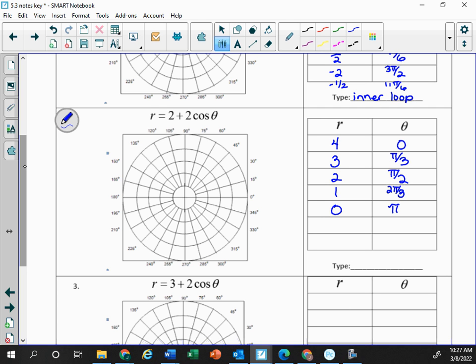All right, I want to go 4 pi over 3 next. You guys see I'm just working my way around the circle, right? Okay. What is the cosine of 4 pi over 3? Negative 1/2, so what do I get? 1. Okay. 3 pi over 2, what's the cosine there?